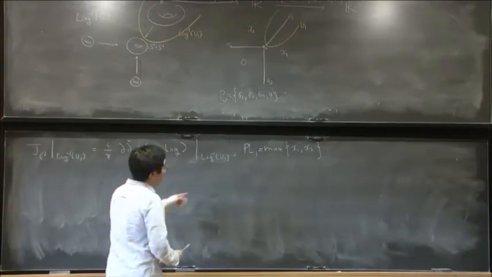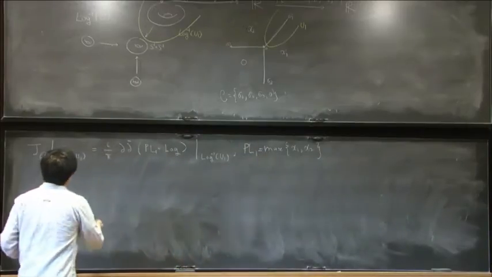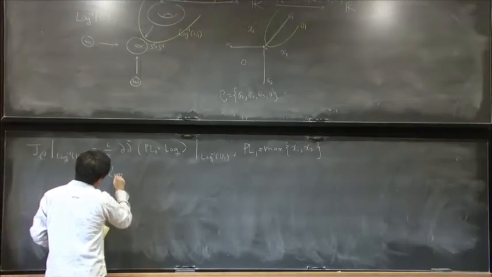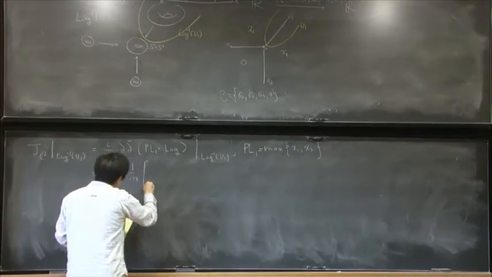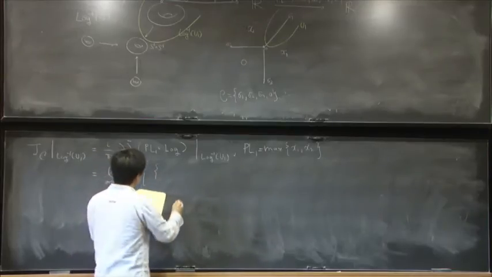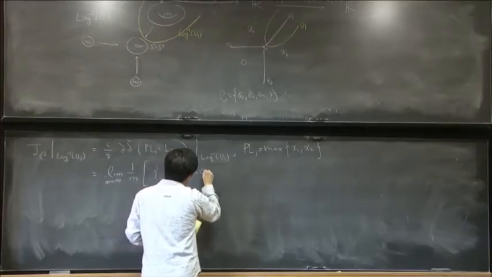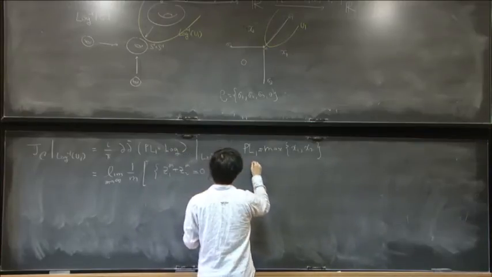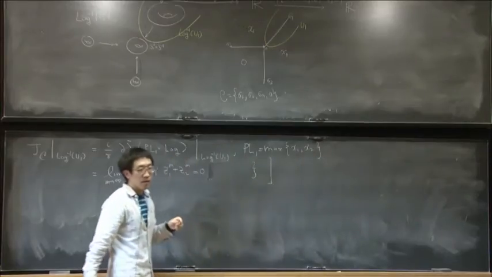But now we can work the other way. We can invoke the same argument that was used in the first part of the example to conclude that this current here is a limit as m goes to infinity of 1 over m of the algebraic current now associated to a simpler algebraic curve, which is given by z1 to the m and z2 to the m equals 0, because I no longer have this third term there.